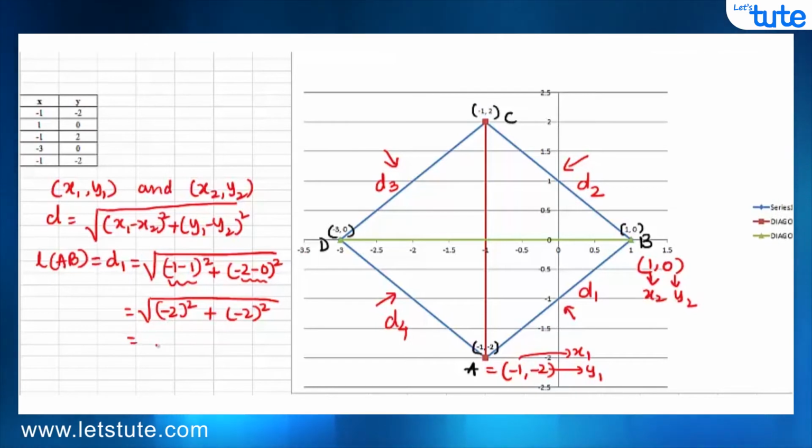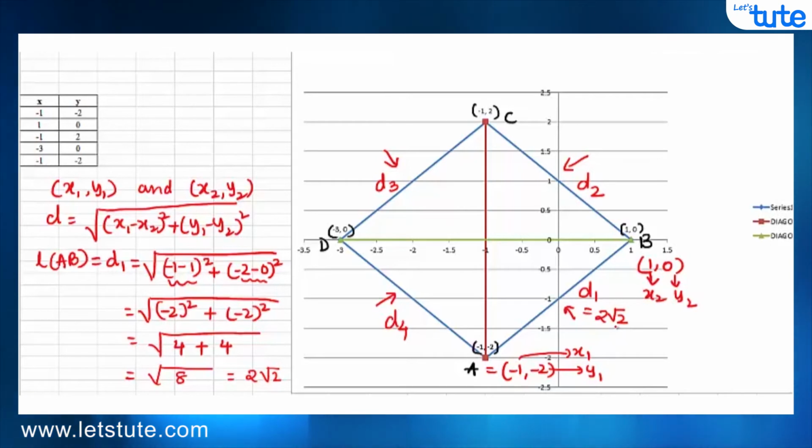So we will get -2 squared is 4 plus -2 squared is 4. So we are getting square root of 8, which can be further simplified as 2 root 2. So this is the length of D1, that means AB, 2 root 2.